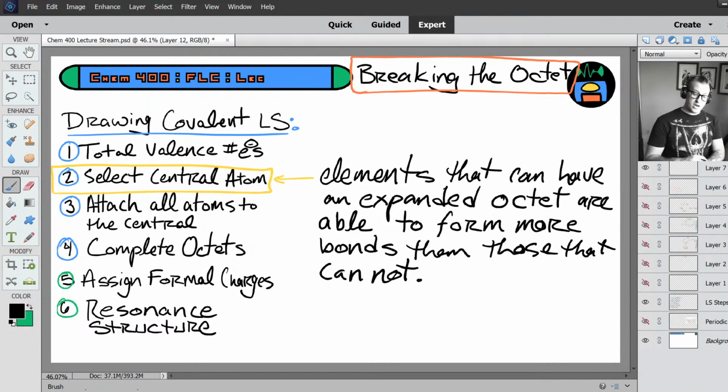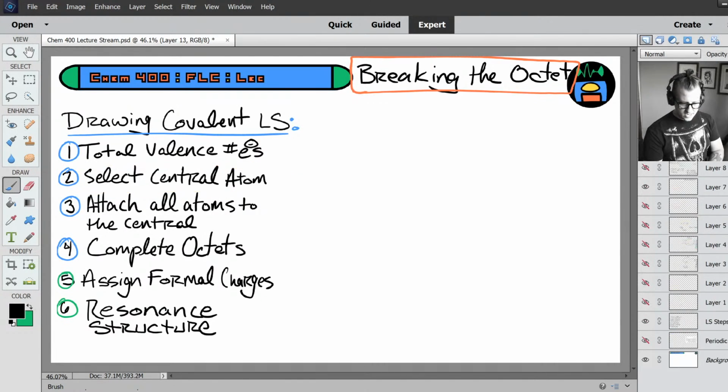All right, they're able to form more bonds than those elements that can't, and so they become the best candidates for central atoms when you're developing your Lewis structures. Now, we're going to use these, but before we do, we need to talk about formal charges.